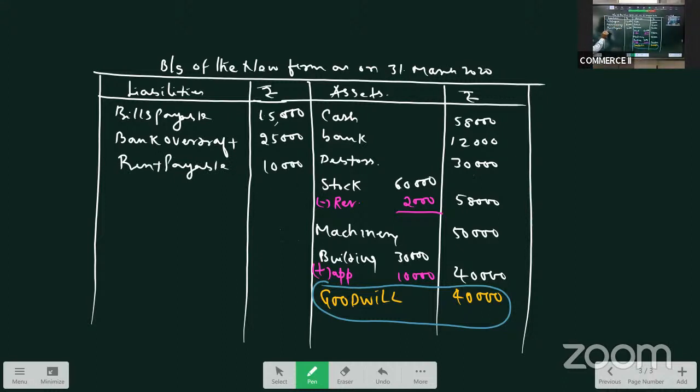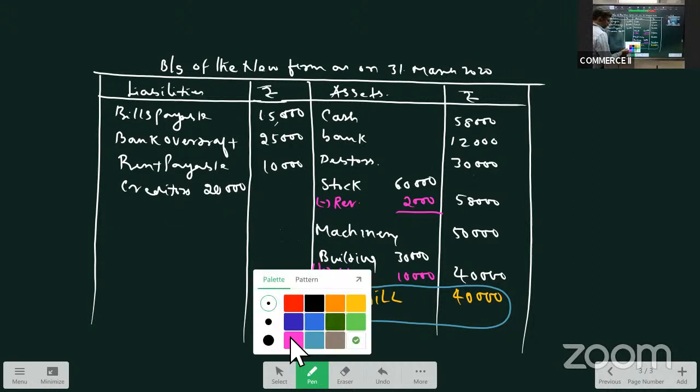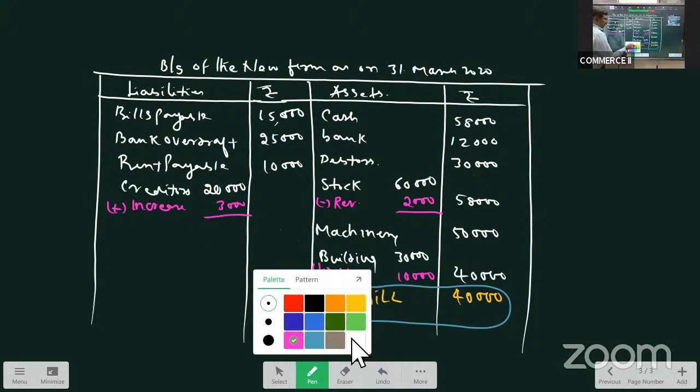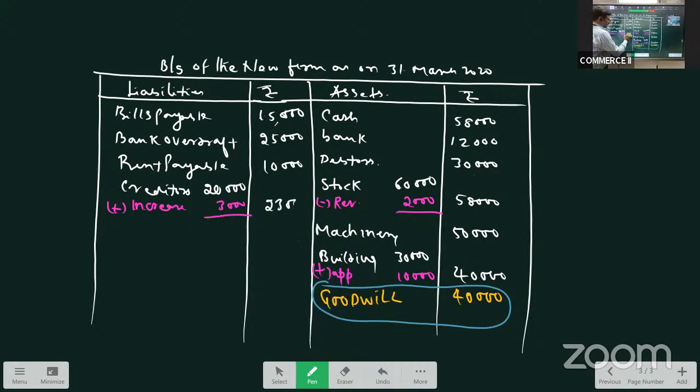Creditors. Creditors are given as 20, but we will not take 20 because creditors increased by 3,000. So we will have to show creditors at 23,000. Then we'll have capital. Capitals of Vani, Sarada, and Neeraja.